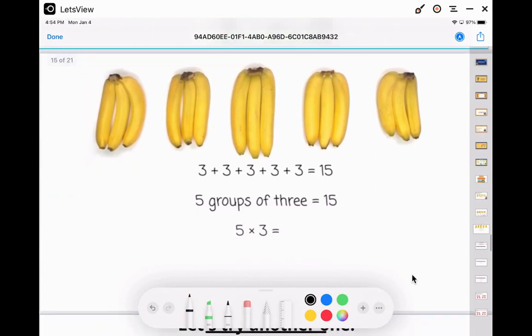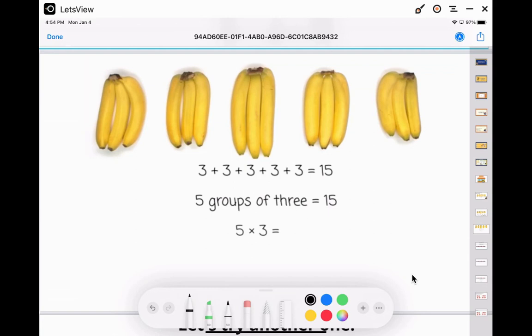So let's take a look here. We learned 3 different ways to describe our set of bananas. We can use repeated addition. Our repeated addition tells us that we have 3 bananas in each bunch and that there are 5 different groups.